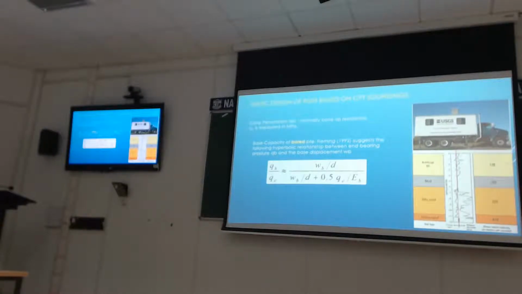So this expression must be true for both my pile as well as the cone. So any unknowns in this, I will substitute D as the cone rod diameter. So I know D, I know QC, then I can work out what QB is, and then use the factors then to work for the big pile in the design. Make sense? Straightforward enough?